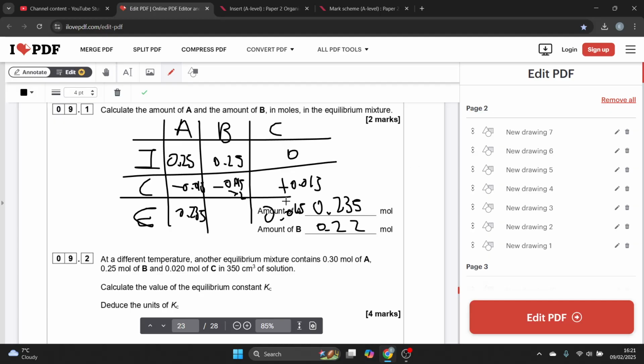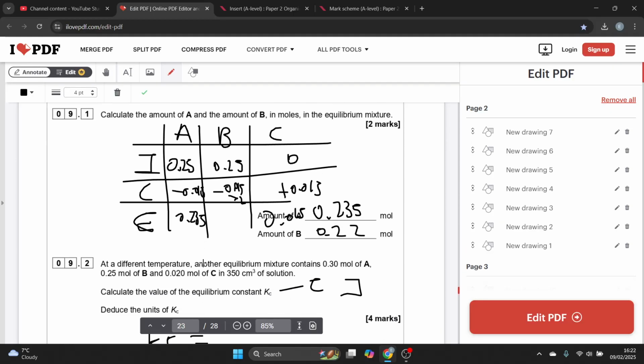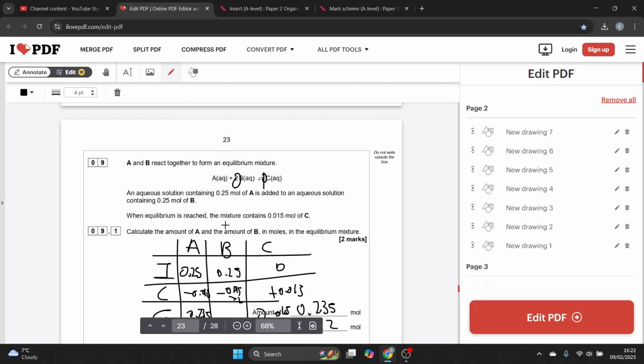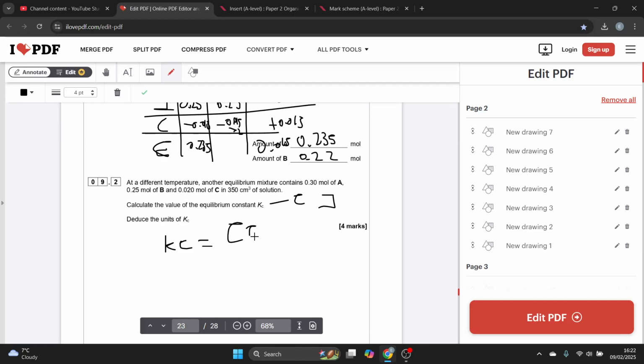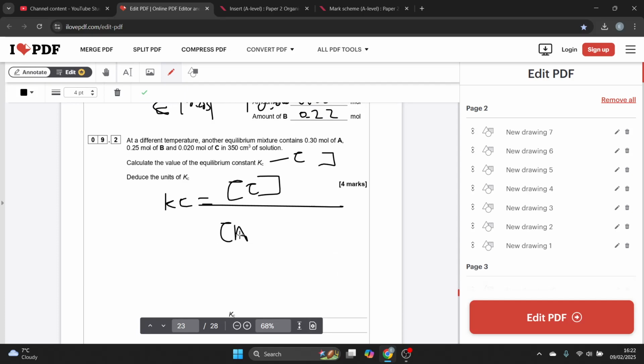Then it says a different temperature of the equilibrium mixture between this much, calculate the value of Kc, and just the units of Kc. So the first thing I would do, I know Kc is in square brackets, so let's construct the equation for Kc. I know I'm working with products over reactants, A times by B squared.